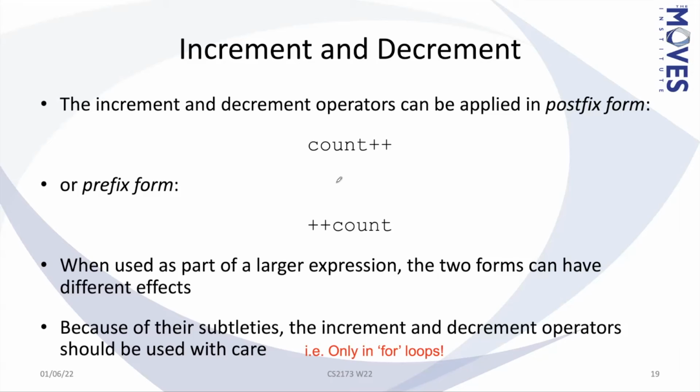And the reason is a subtle difference between the two: the value of these should never be used in a larger expression, because the value of this expression is different than the value of this expression.